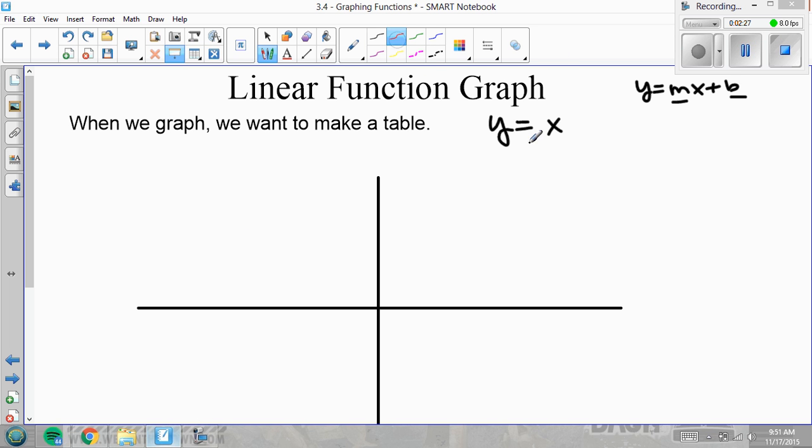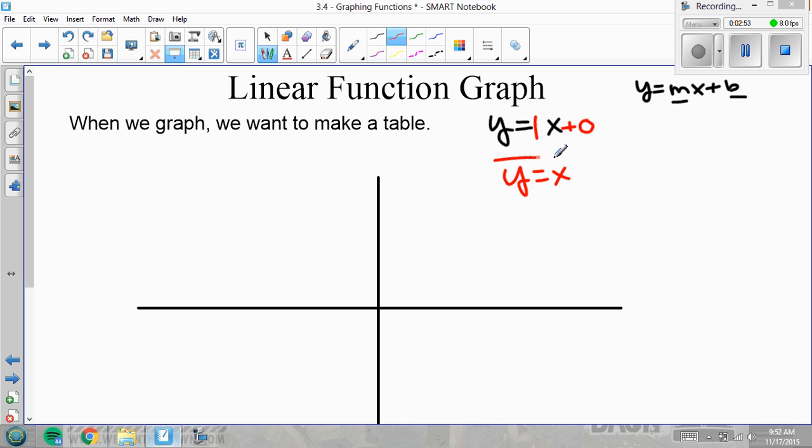So looking at my formula here, okay, we know m is what's in front of x. So how many x's do I have here? 1. Okay, and then my b, since b is not there, what number means nothing? Right, we know that is plus 0. So really, y equals x is the same thing as 1x plus 0.